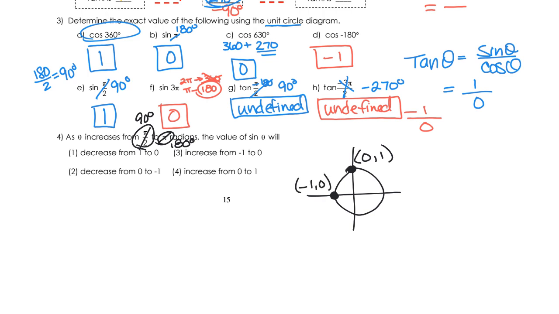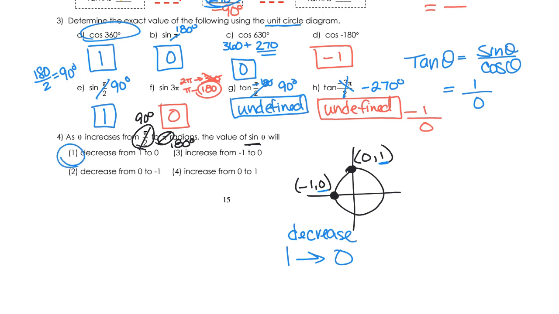Sine is the y-coordinate, so as we go from 90 to 180, we're going from a 1 to a 0.